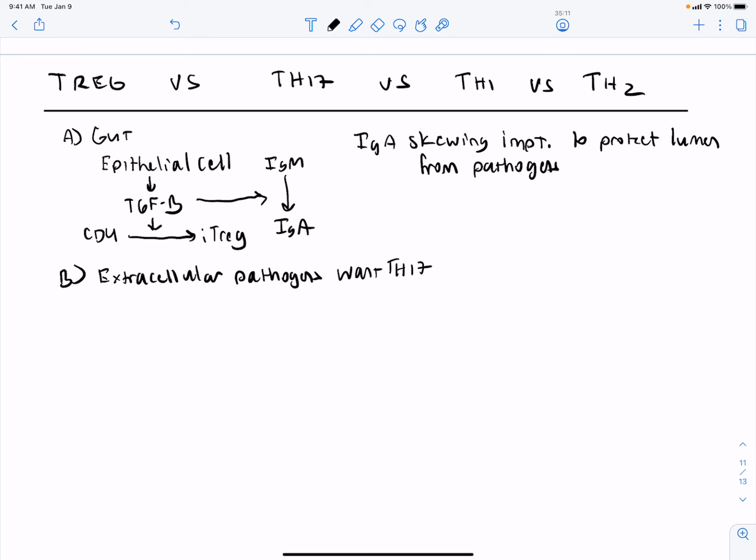And so you have your CD4 T cells, and your innate cells are making IL-13. And this is going to drive your CD4 T cells to become Th17. And they are going to release IL-17, which recruits neutrophils.